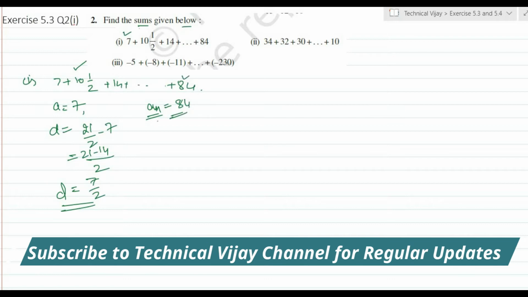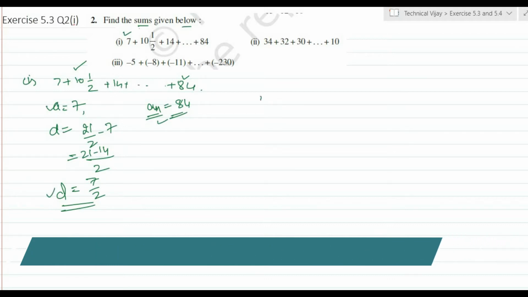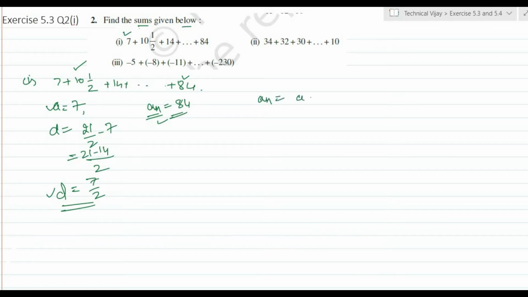So by using An and d and a, we have to calculate the number of terms first. So here An is equal to a plus n minus 1 into d. An he has given, that is 84. So a means 7 plus n minus 1, that only we have to calculate, into d, that is 7 by 2.